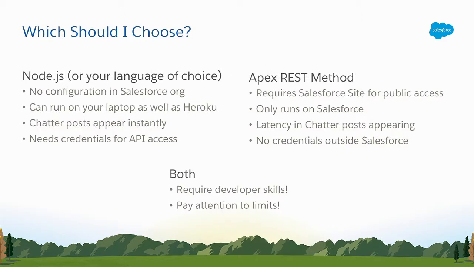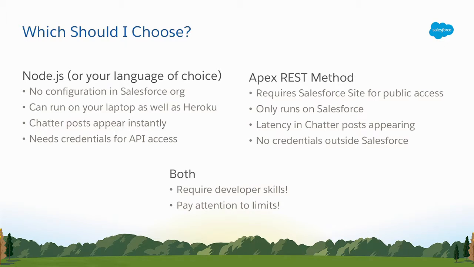So, what should you choose when you're building an integration? You can use virtually any language to call the APIs. There are libraries for Java, Python, Node, pretty much any language.